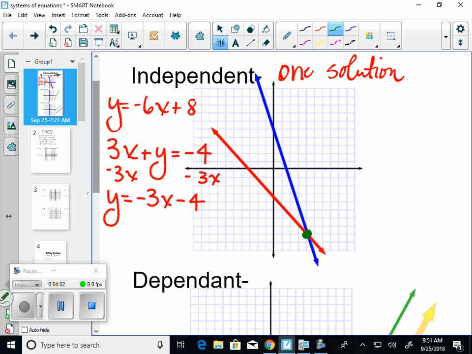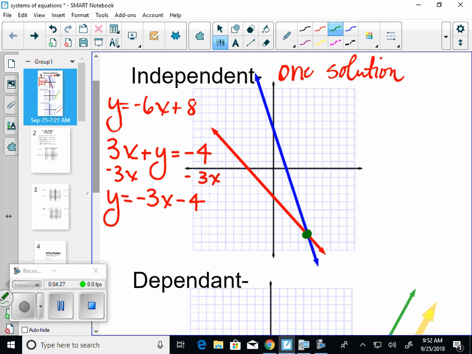So an independent system of equations has one solution. One solution for my graph. And they could be a mixture of graphs. They could be absolute value graphs and a line. They could be a quadratic graph and an absolute value graph. I mean, there's many different options, but for the sake of graphing, a couple of lines is pretty easy.